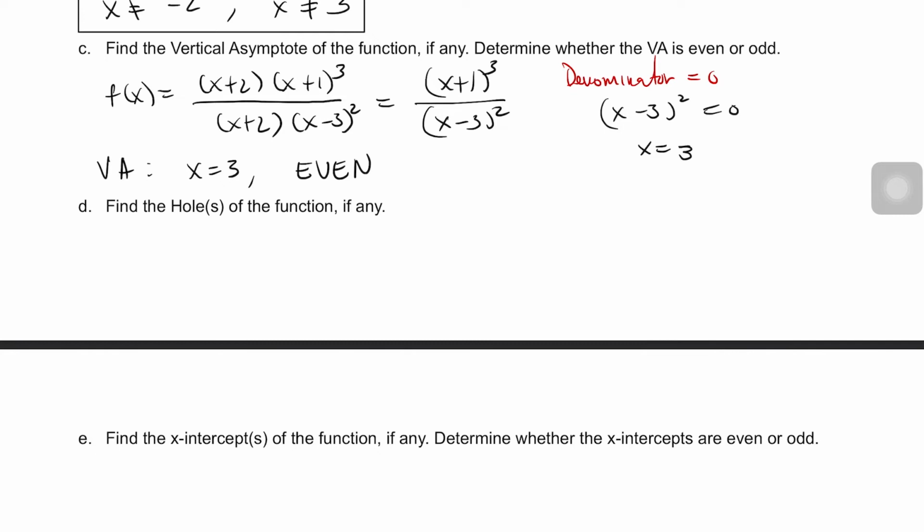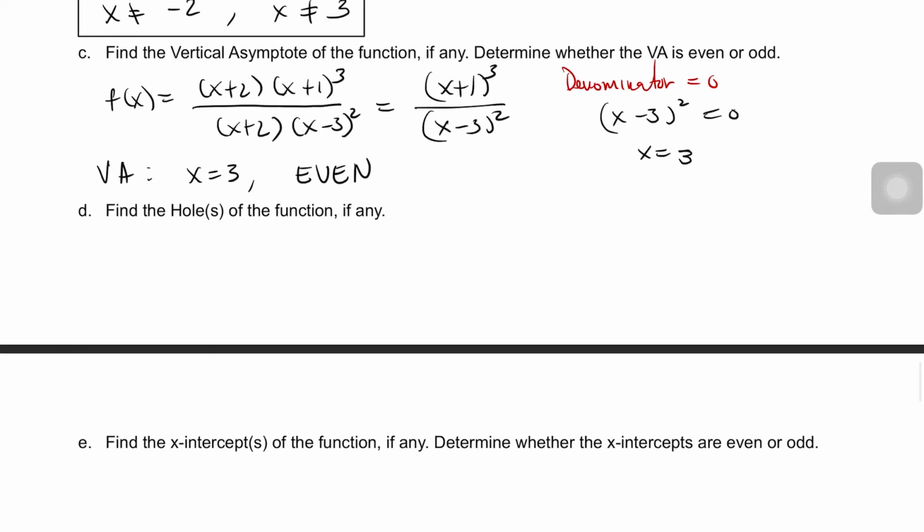All right, let's jump into another one. Find the hole. Remember, the hole comes from the factor that was canceled. The only factor that was canceled was x plus 2.